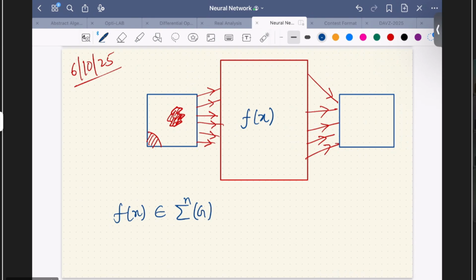If we know this f of x, does the sigma net do the job of what I prescribed here? Anyone can guess? Does sigma net do the job of correcting?